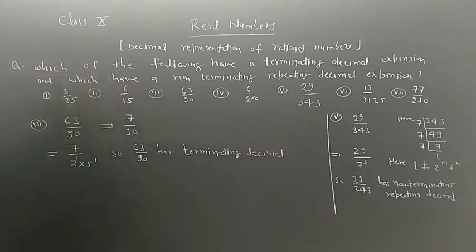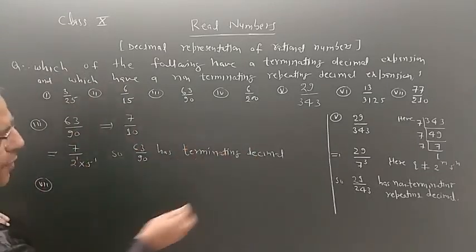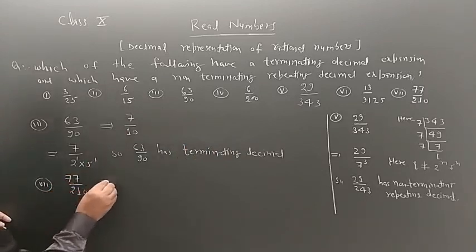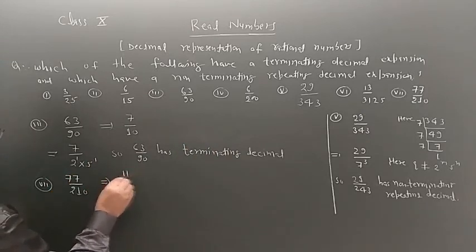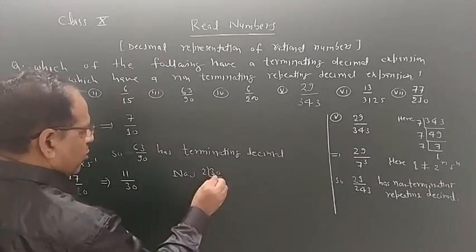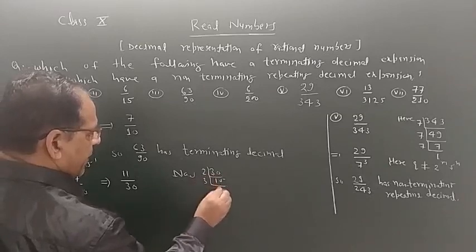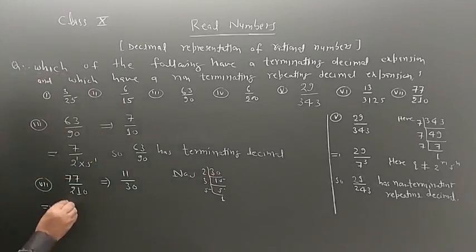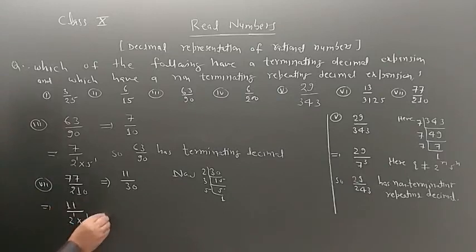Now I am taking one more problem, the seventh part of this question, 77 upon 210. This also can be reduced: 7 elevens are 77, 7 thirties are 210. Now 30 can be split: 2 fifteens, 3 fives, and 5 ones. So this can be expressed as 11 upon 2 to the power 1, 3 to the power 1, 5 to the power 1.